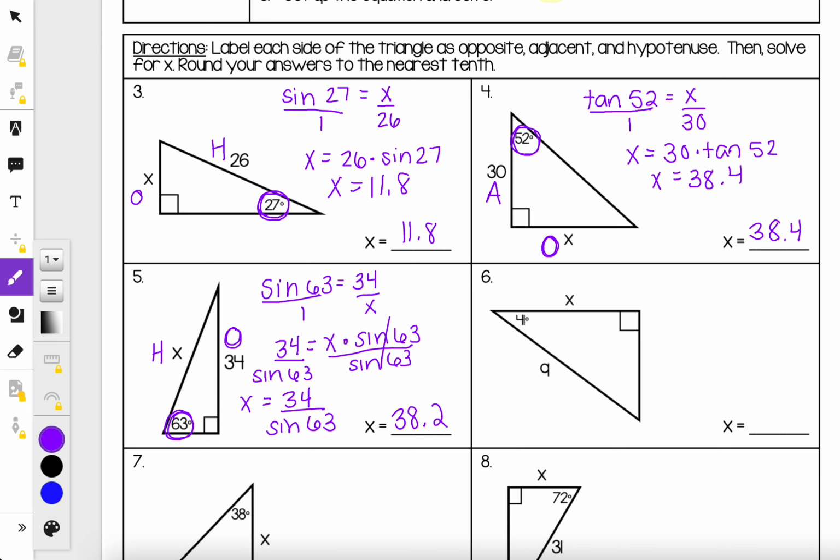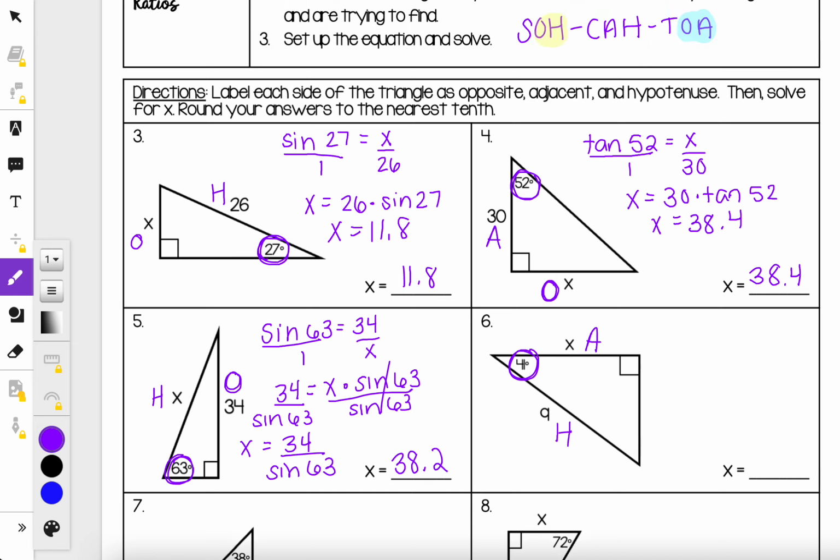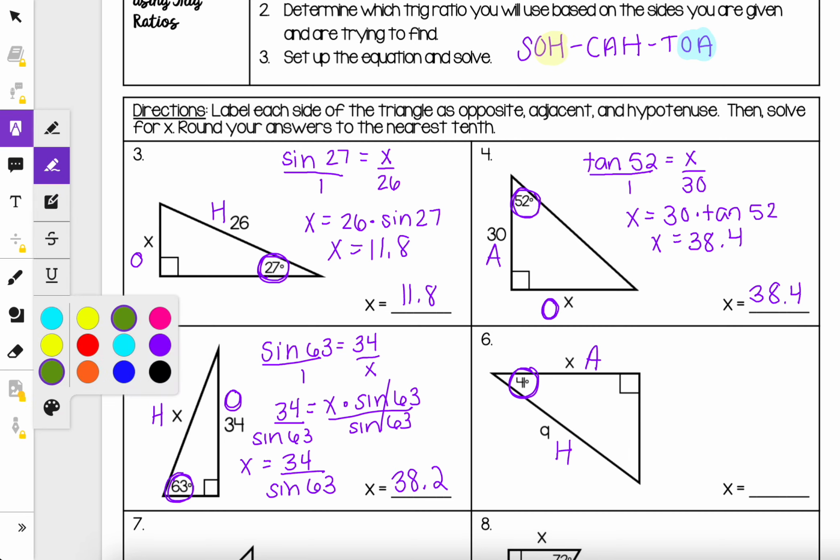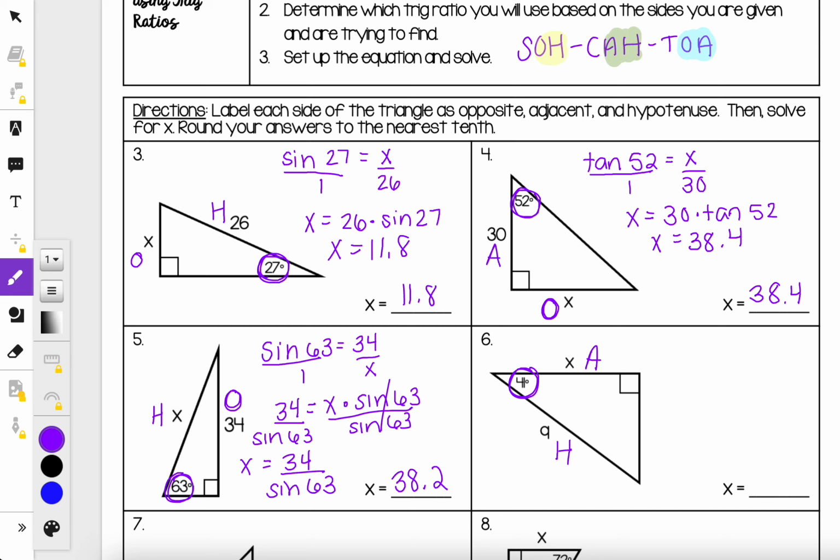Okay, so number 6, our reference angle is 41. We have our hypotenuse and then we have an adjacent here. So again, I'm going to look at my SOHCAHTOA. This is the first example where I'm given an A and an H, so I'm going to use cosine. So the cosine of 41 degrees is my adjacent, which is x, over my hypotenuse, which is 9.